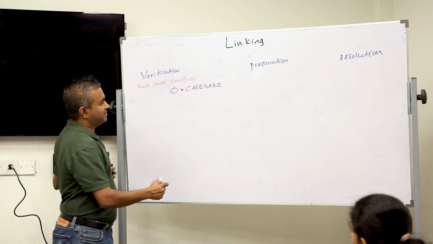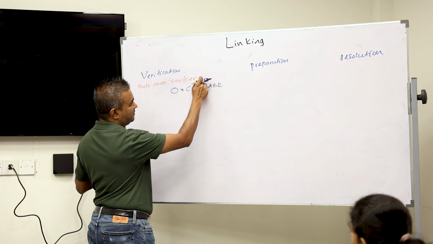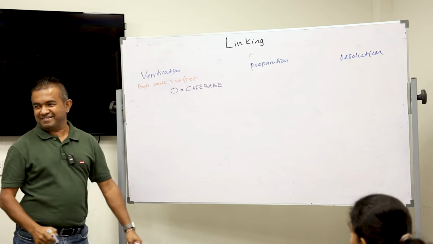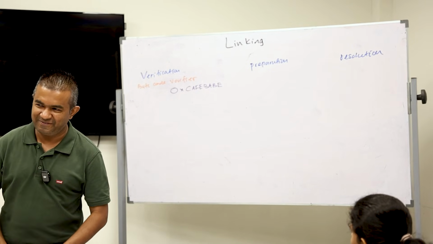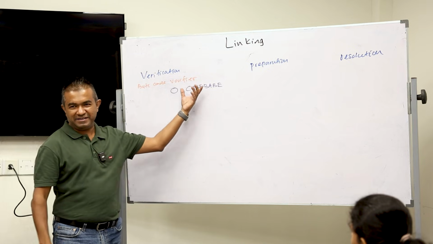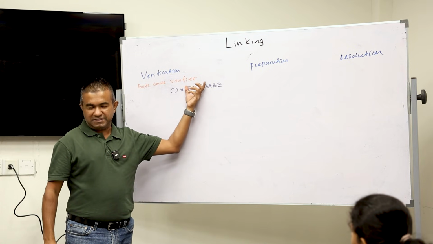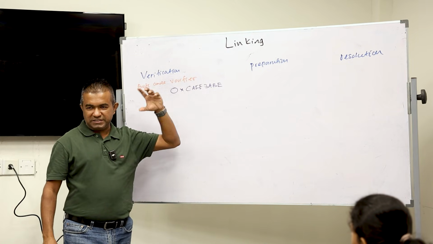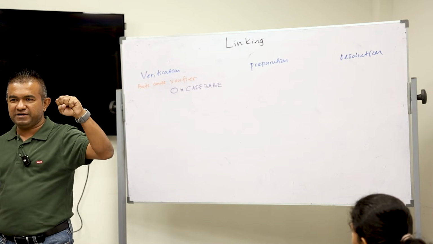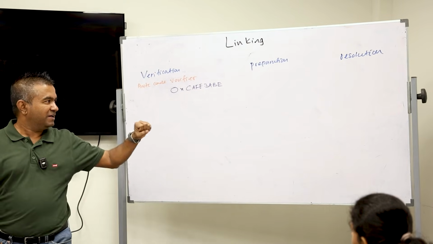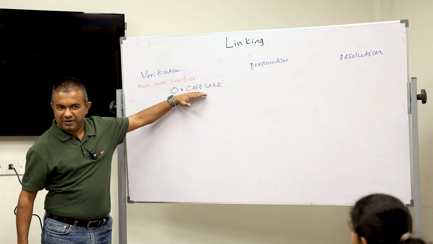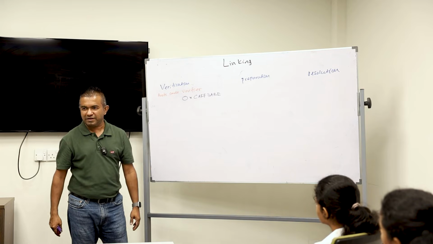What is this? If you separate it here, it's CAFEBABE, it's Java. So this is the magic number. What it does is check whether this is a valid class file, whether first of all it's a Java class file.